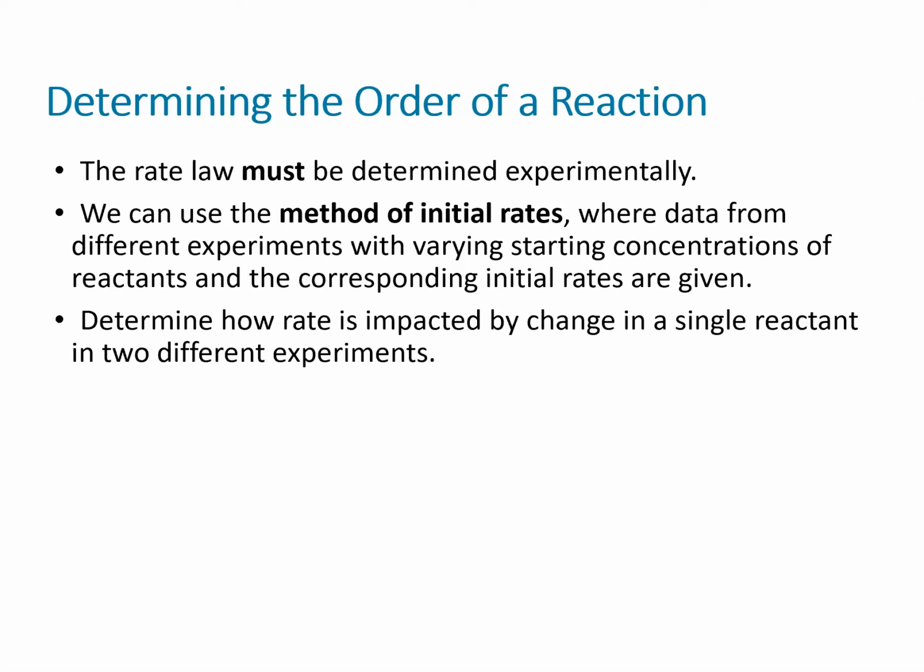And the way we do this is we use the method of initial rates, where data from different experiments with different starting concentrations of reactants and the corresponding initial rates are given.